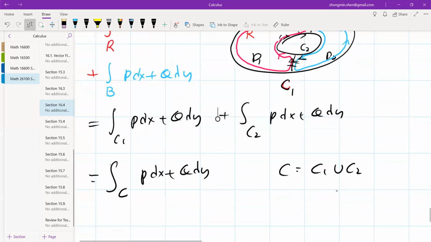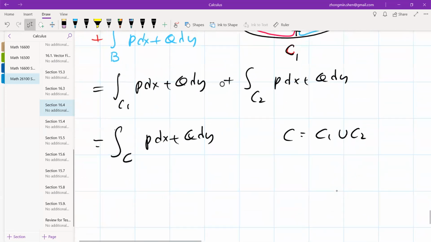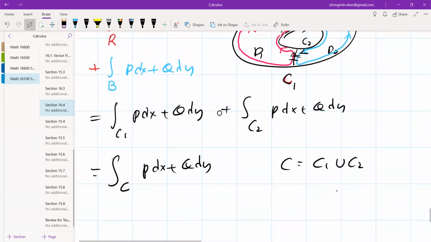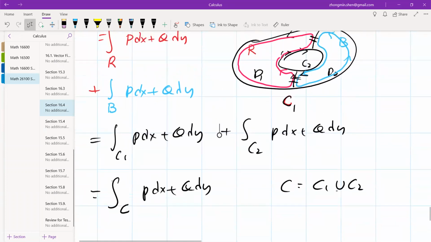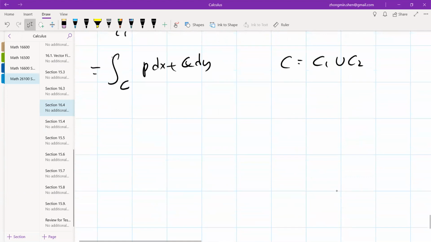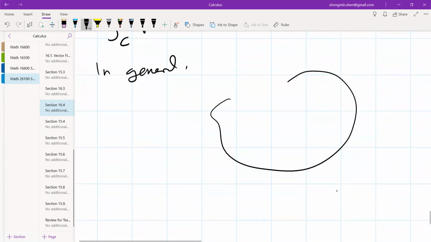For an arbitrary domain, you have to make sure how many holes there are, and then the boundary of the domain is probably going to consist of many closed curves. So in general, we have the following theorem. Here's a domain D, and inside there are many holes here, right?